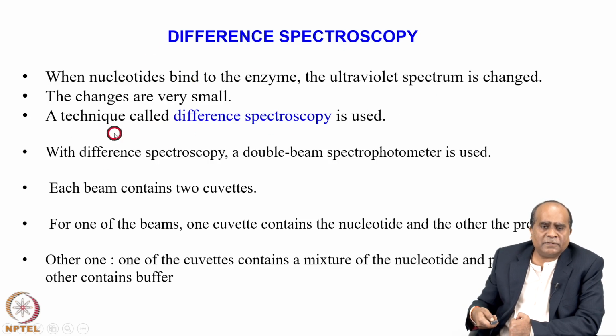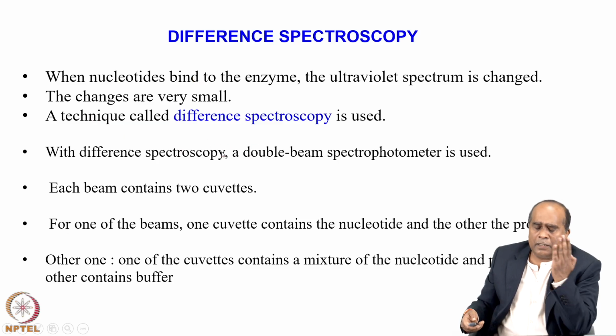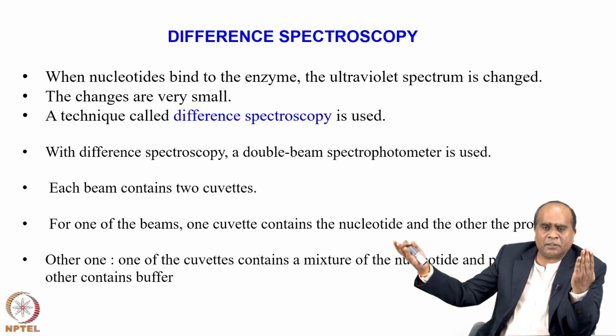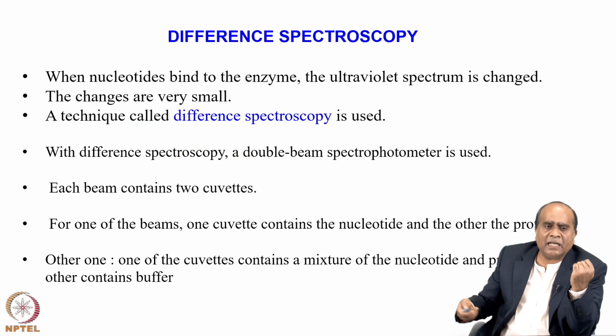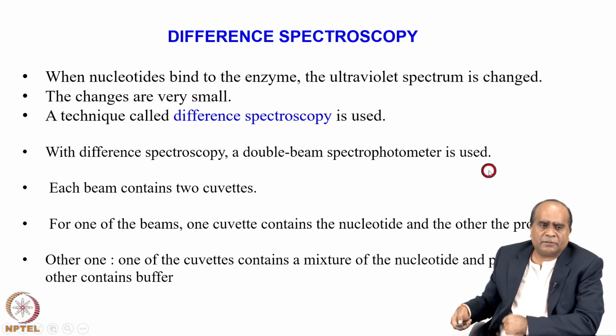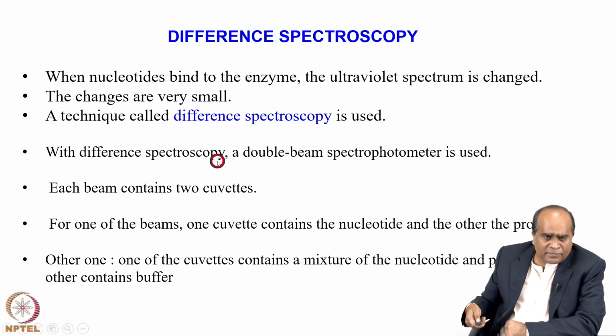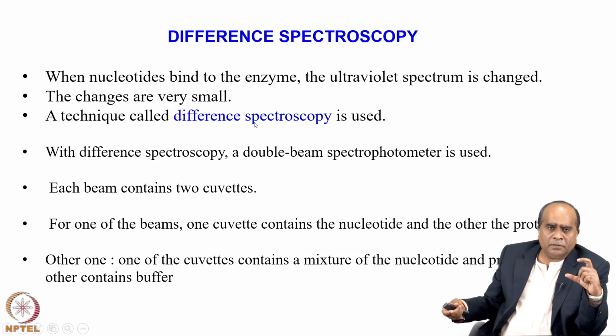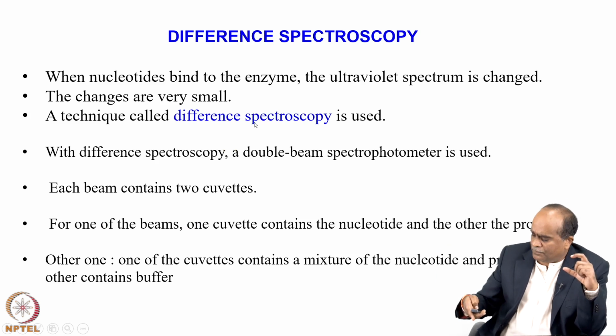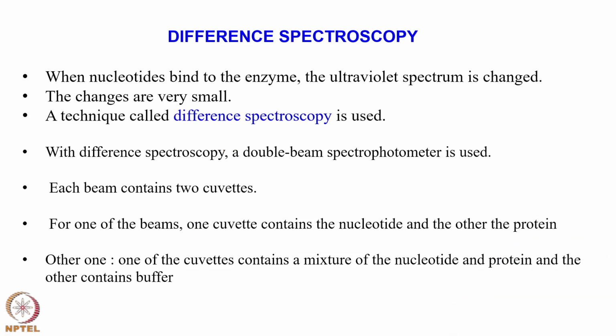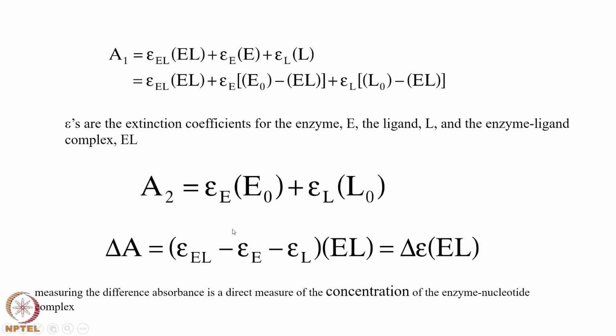So, what we do in difference spectroscopy, in one case you have the reference, in another case you have the reference plus, say, nucleotide, and you record the spectrum with two beams, two cuvettes: one contains just the enzyme, and one contains enzyme plus nucleotide. One cuvette contains nucleotide, another contains protein, and then one of the cuvettes contains a mixture of nucleotide and protein. In another buffer you record the spectrum.